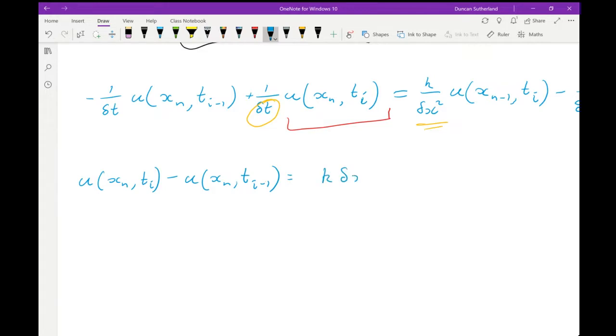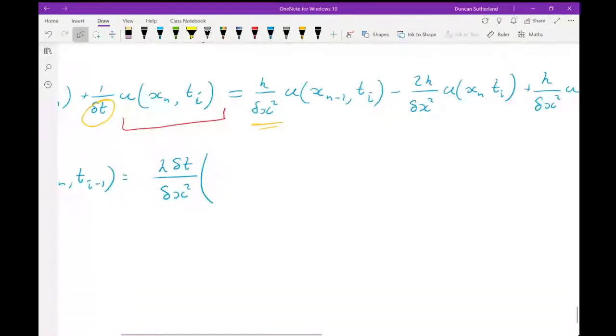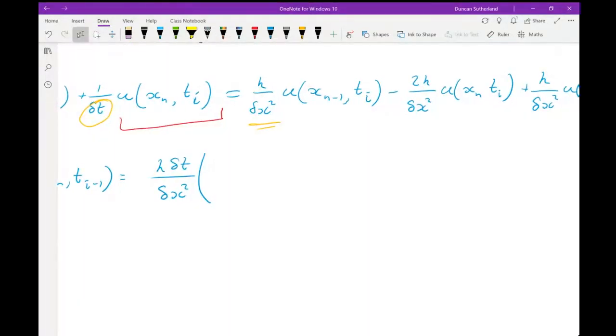k delta t. Then I've got to write this in order. Right, we know that this is still what we're solving for as well.